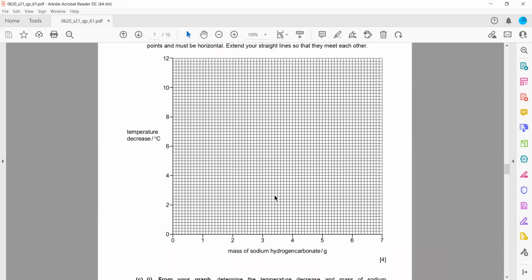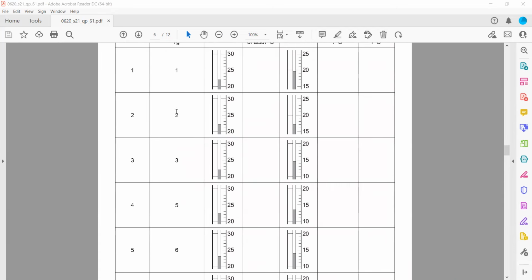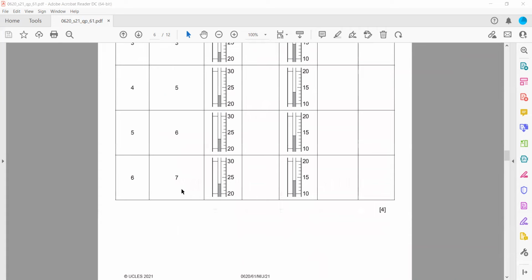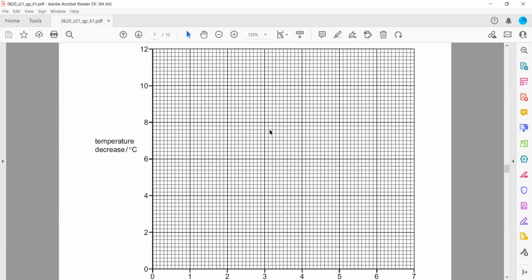So this is the graph for us. This axis is the mass of sodium hydrogen carbonate. The mass used was 1, 2, 3, 5, 6, and 7. When 1 gram was used, it was 2.5.